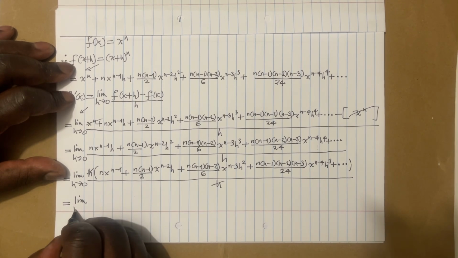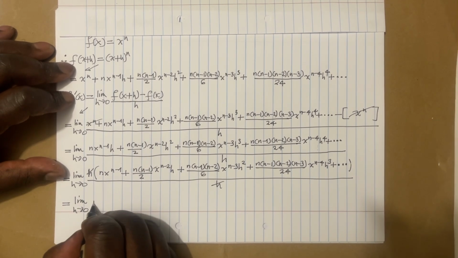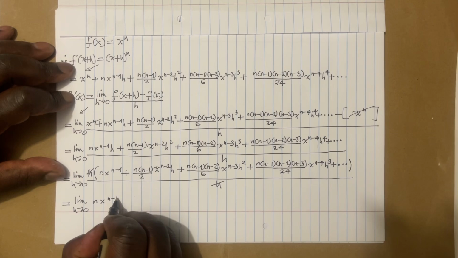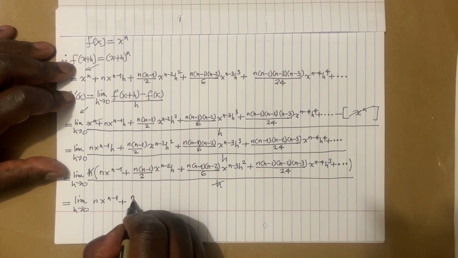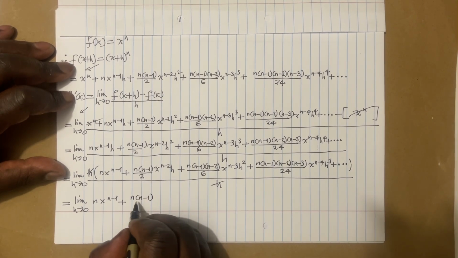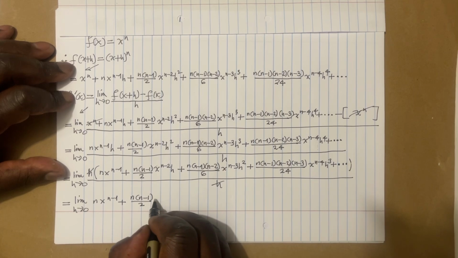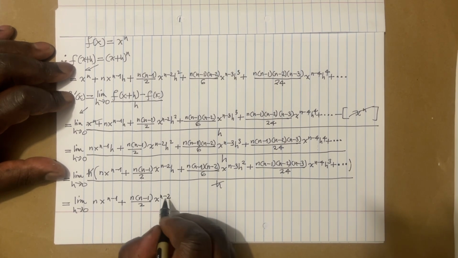Limit as h approaches 0 of what? Of n x power n minus 1 plus n minus 1 all over 2, and then x power n minus 2.